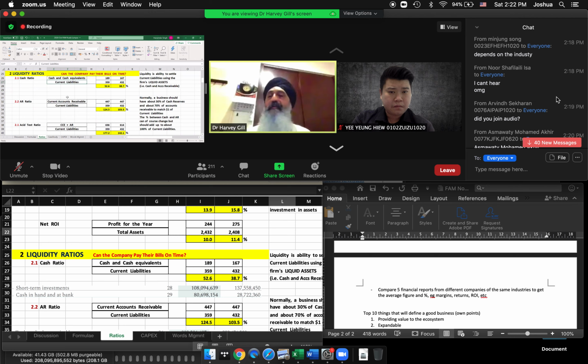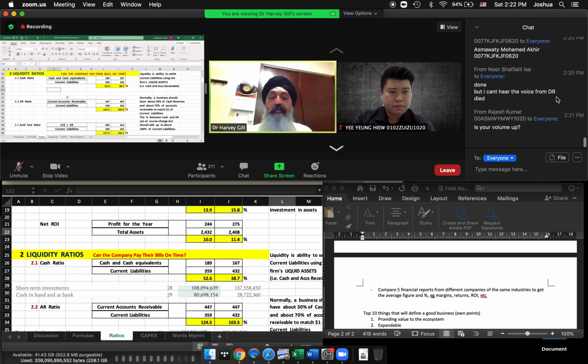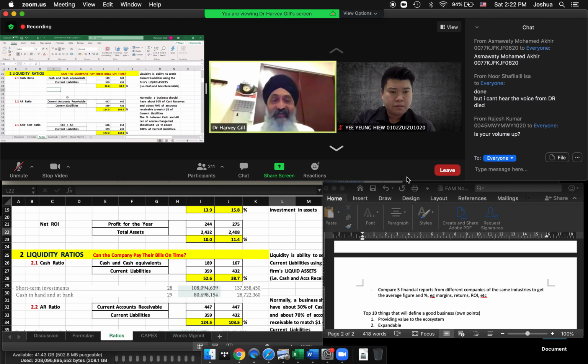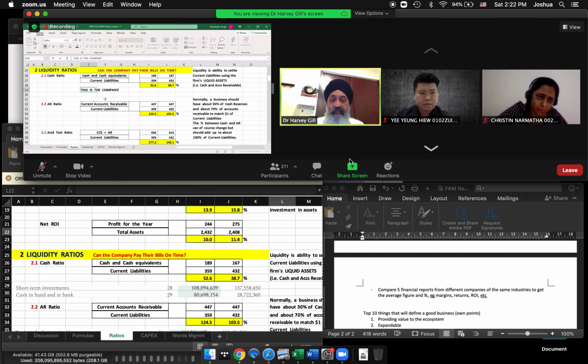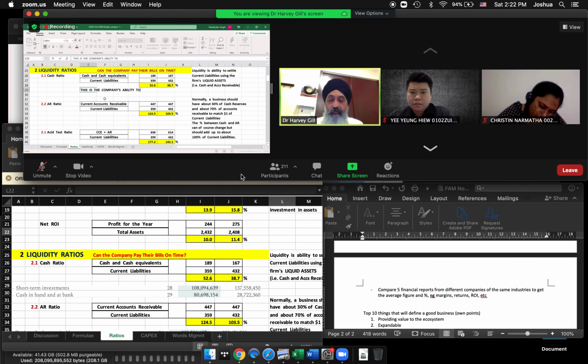Compare this to current liabilities. Bills means short term liabilities. So liquidity ratios measure the company's ability to pay current liabilities, if you want technical terms. That's what we are measuring now.